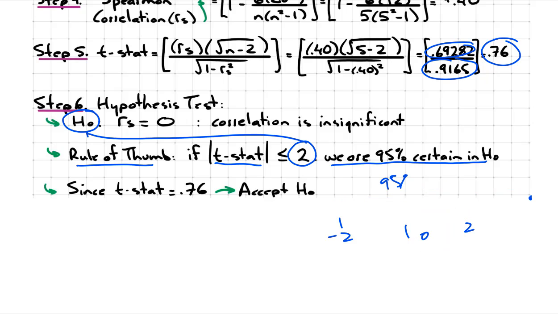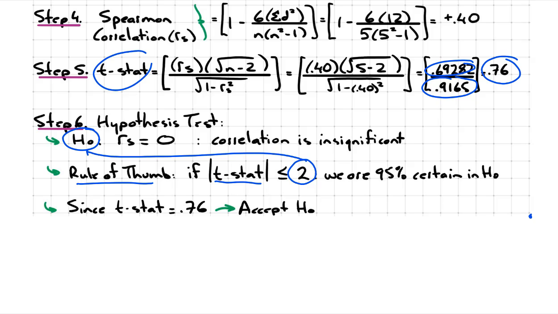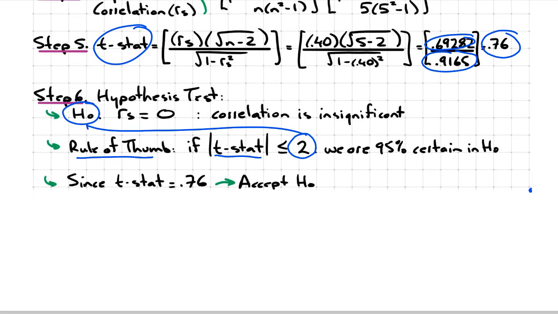In our illustration, you can see that the t-stat, which we calculated right here, was 0.76. And clearly, 0.76 is within plus or minus 2. If I plug in 0.76 right there, you can see it's within 2. Therefore, this is within the null range, and we accept the null.